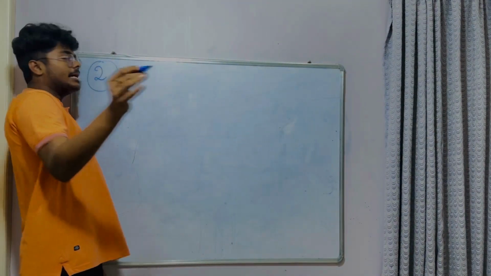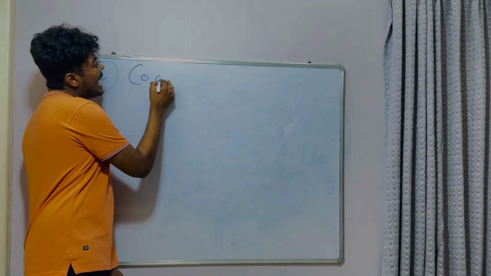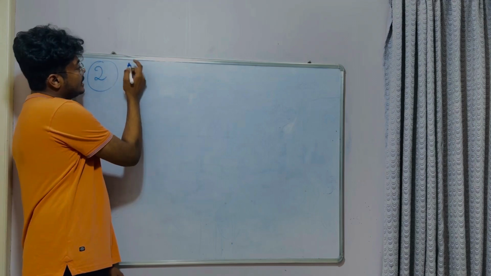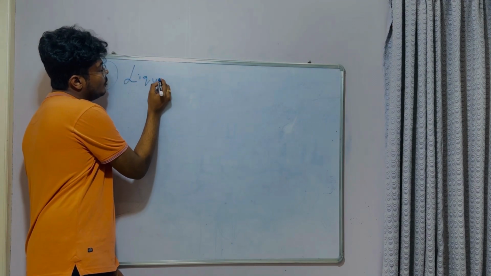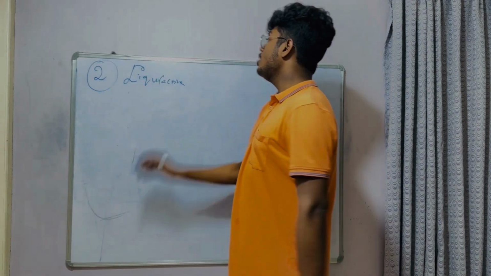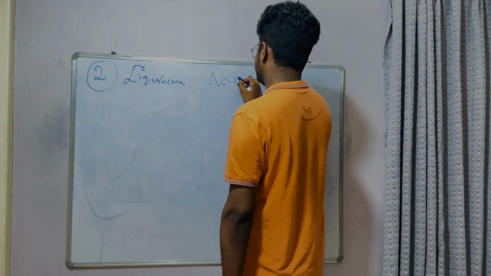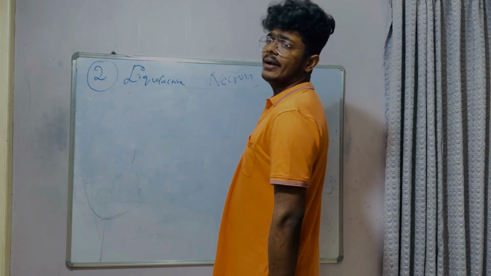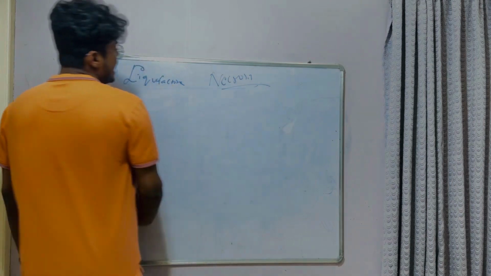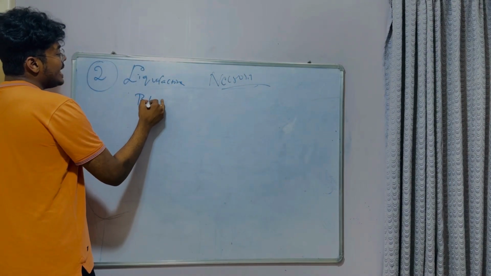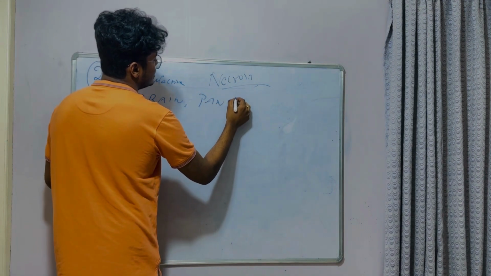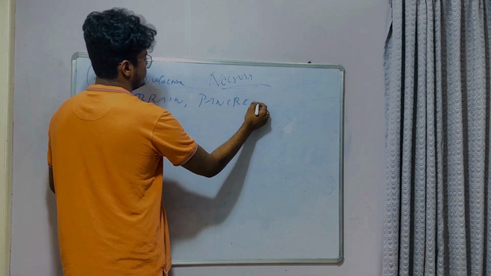Next, we are going to study liquefactive necrosis. What is liquefactive necrosis? It occurs in the brain and pancreas.